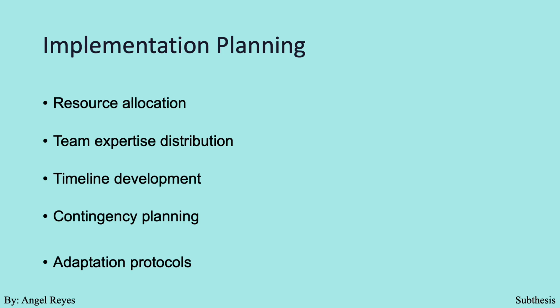Effective integration requires strong implementation planning. Start with clear resource allocation, budgeting time, personnel, and funding for both strands. Be strategic with team expertise distribution, ensuring the right mix of quantitative and qualitative skills across team members.